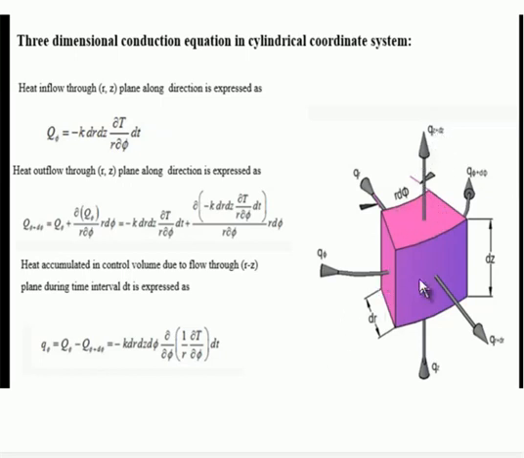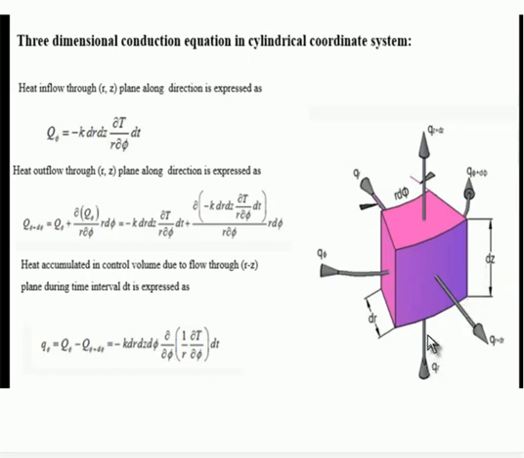So this is the heat flow, and here we are considering the sides of the element. This side is dr in the radial direction, and because of the phi direction, this side is r into d phi. Here it is dz. These are the sides of the cylindrical element.